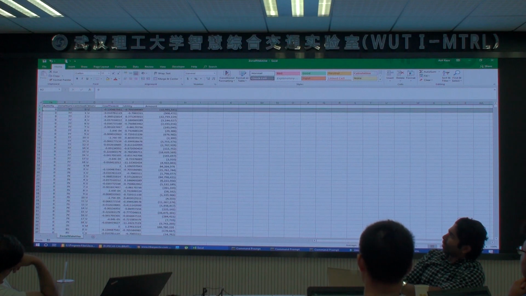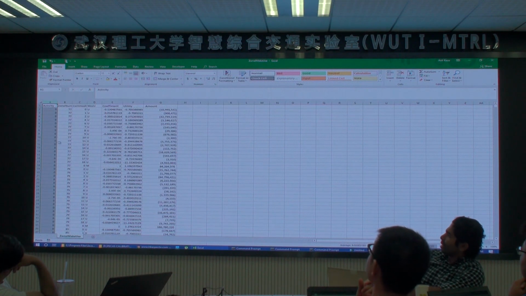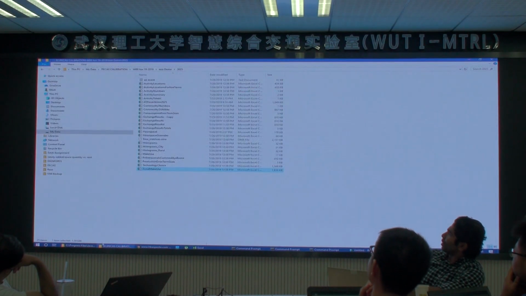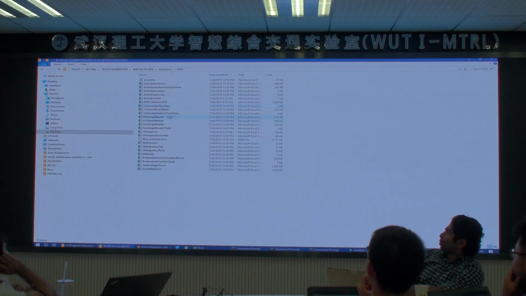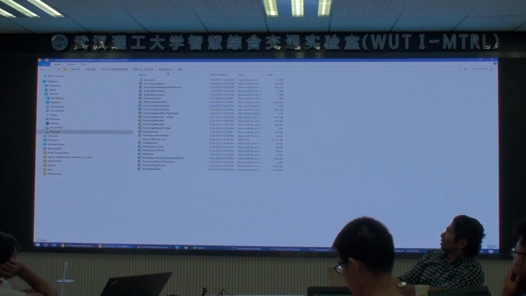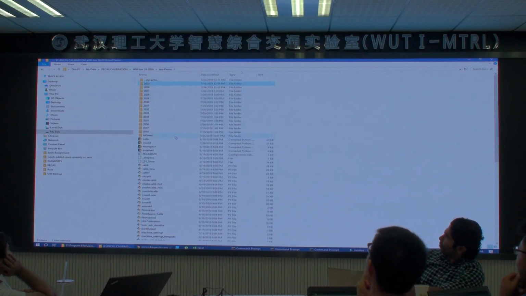Here we have the activity numbers and commodity numbers, not the names, but you can get the names from the activity numbers and commodity numbers files if you need to analyze these files. So these are all the output files. It generates those files for all these years.